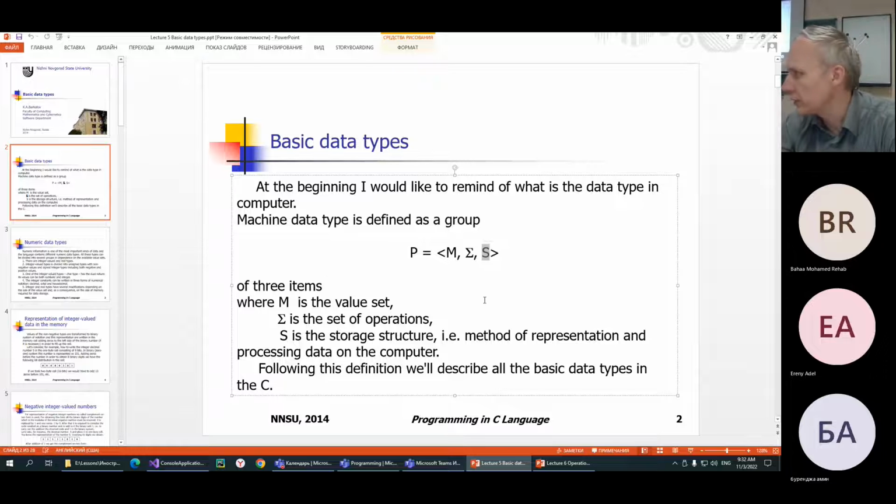We will discuss the particular way of storing numbers in computers later if we have time for this. Now I want to consider just the main points related to operations and a set of values.